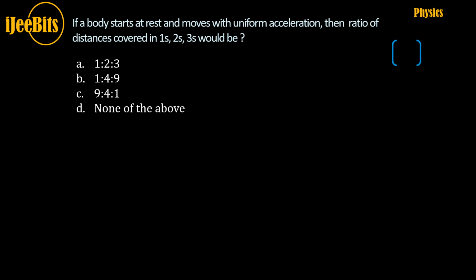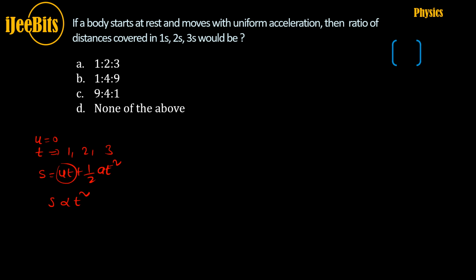What is given? A body starts at rest, so u equal to 0 is what is given. Alright. So what would be the formula? The time is given, right? T1, T2, T3 are given like 1, 2, 3. So if you look at S is equal to ut plus half at square, this term is gone and then S is proportional to T square, right?